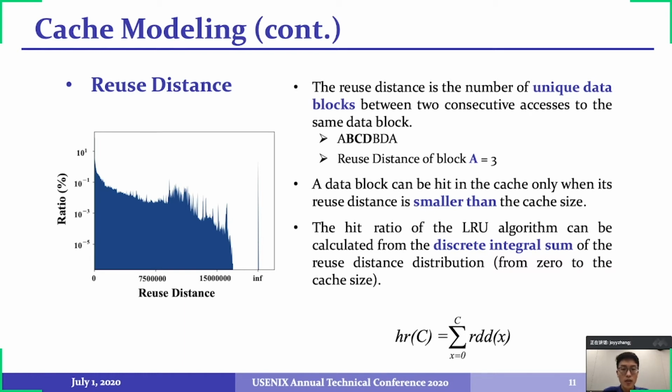So, the miss ratio, or equivalently the hit ratio, can be calculated from the discrete integral sum of the reuse distance distribution.